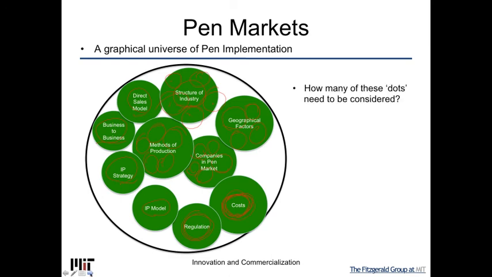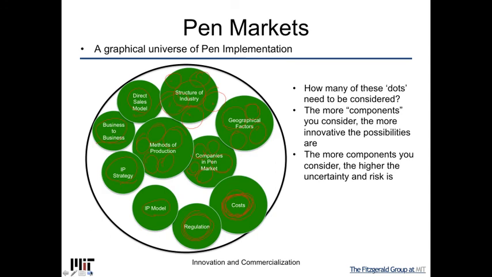So as before, how many of the dots need to be considered? The more that you consider in implementation, just like in the other things, the more possibilities you have for being innovative. Of course, that means that risk is higher because it takes you time to figure this stuff out, and you may be doing things very different from someone else, and therefore less is known.